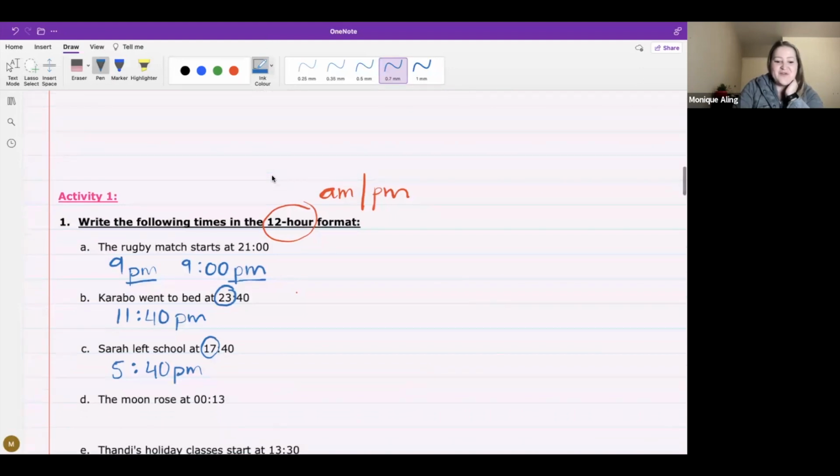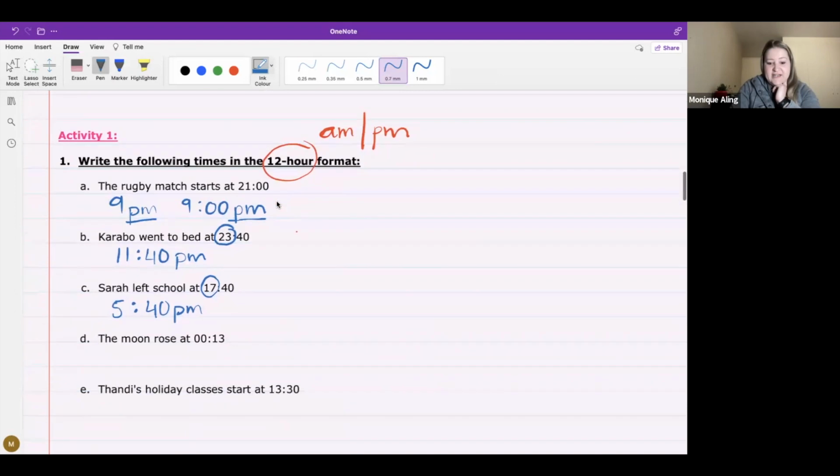Question D. The moon rose at 00:13. Oh, I see there's a question E as well. Oh, I'm seeing some AMs, I'm seeing some PMs. 13 minutes past midnight, is that morning or evening?